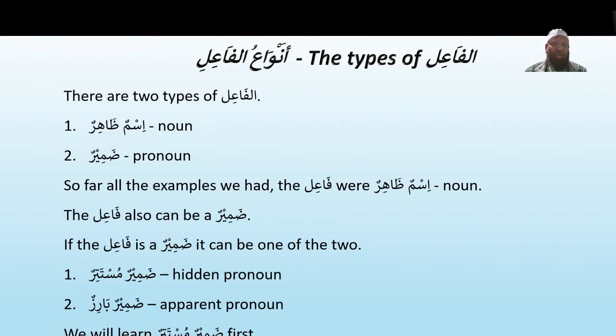So far, in all the examples we had, the fa'il was ismun zahirun, a noun. When we have a noun as the fa'il, it is called ismun zahirun. In full Arabic, we don't need to mention ismun zahirun, but the way we've been doing it so far, that's how we do it. So just to know, those nouns as the fa'il are ismun zahirun.